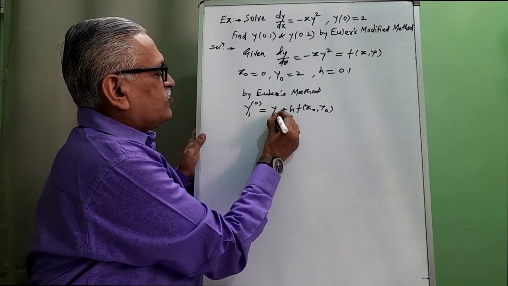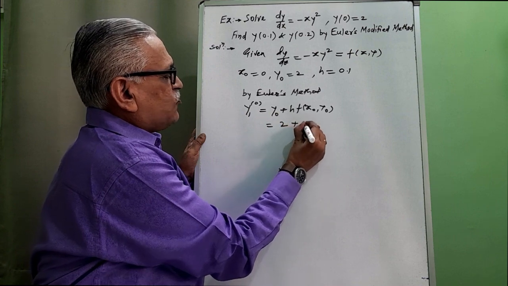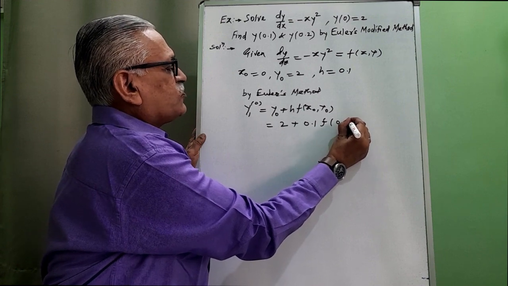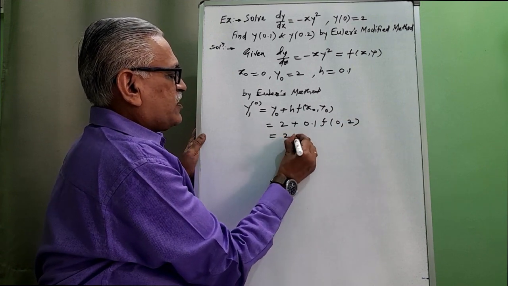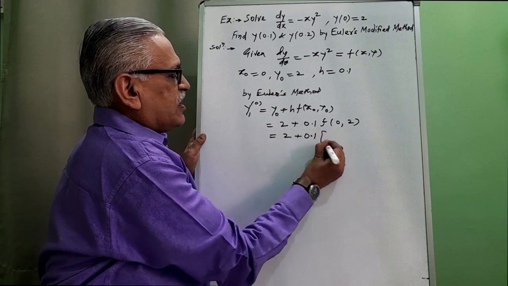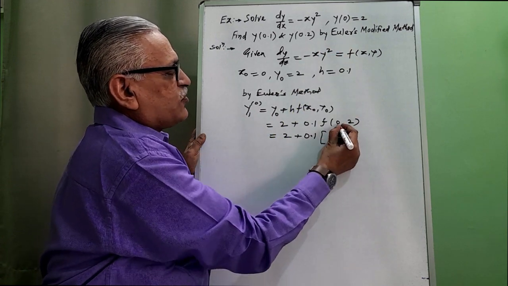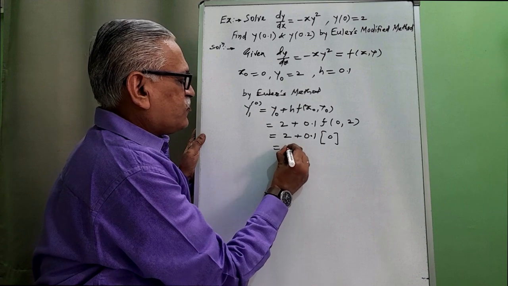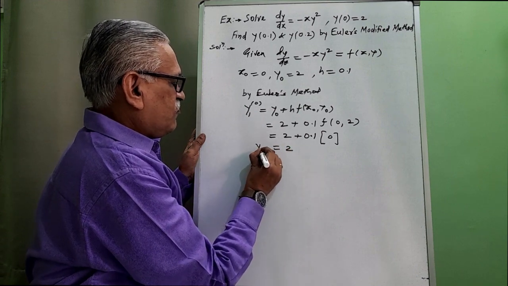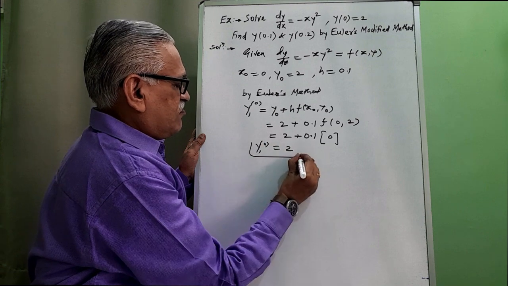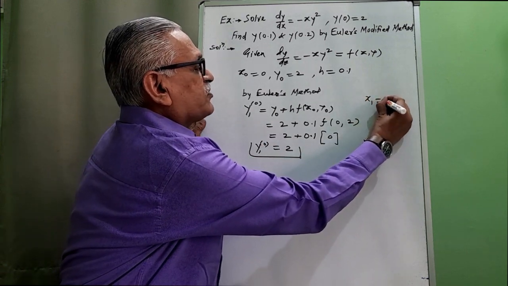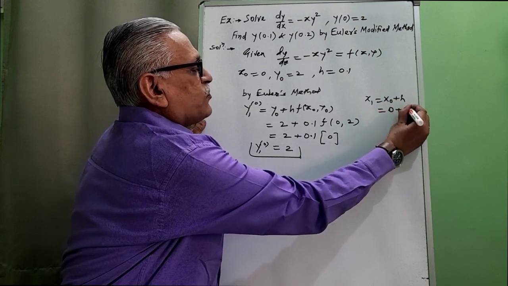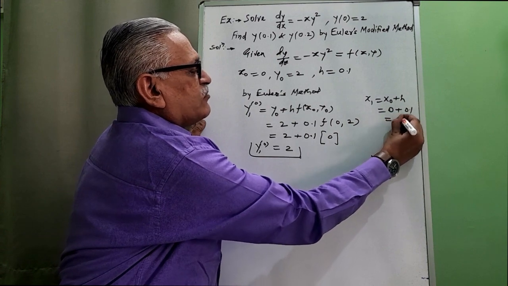Here y0 is 2, h is 0.1, f of 0 comma 2 is minus x y square, so 0 into 2 gives 0, and therefore the value is 2. x1 is x0 plus h, x0 is 0, h is 0.1, and therefore x1 is 0.1.